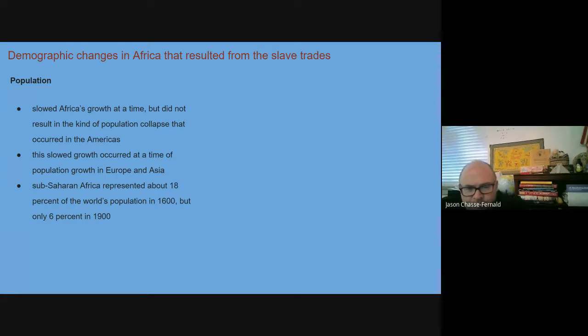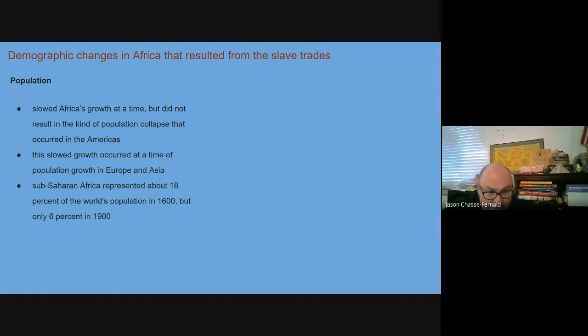If we're looking at population demographics by continent from 1600 to 1900, the population of the Americas would have been at a low. That demographic collapse would have happened by 1600. You would have seen a stabilization in the decades before 1600, so that by the time you get to 1600 and on, it's going to be population growth.